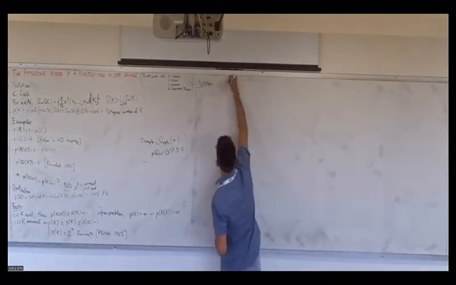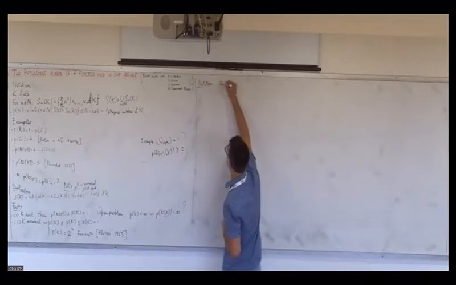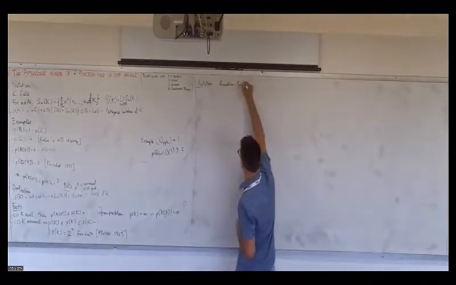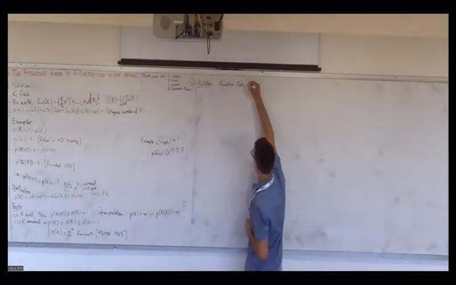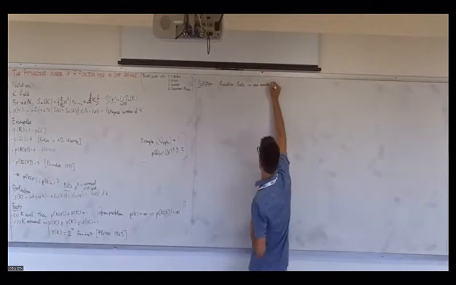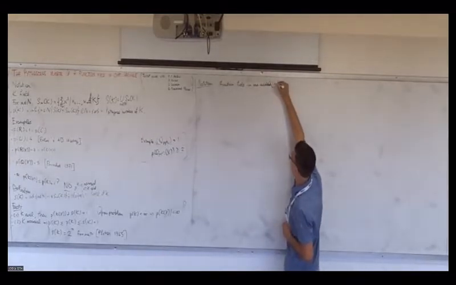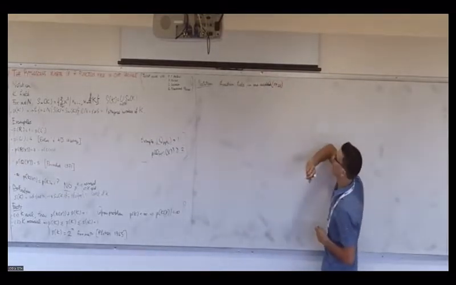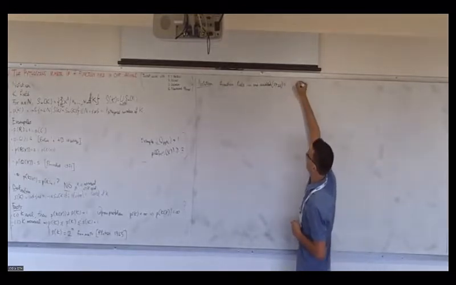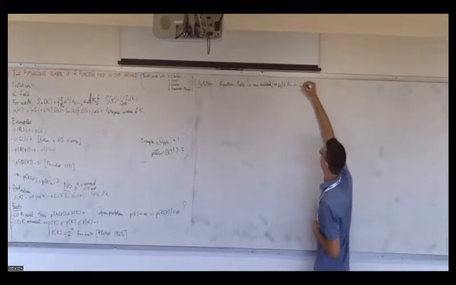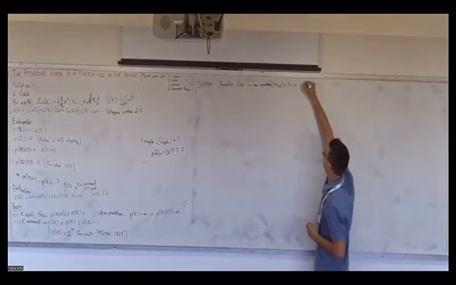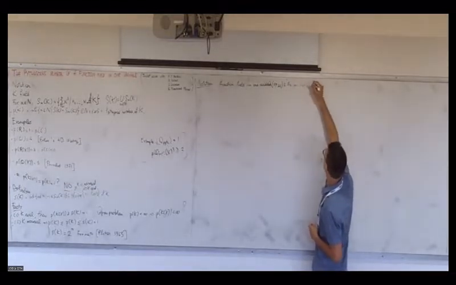Let me first say what I mean by a function field in one variable, which I will abbreviate by F1V. I mean a finitely generated field extension of transcendence degree 1, so nothing too exotic.